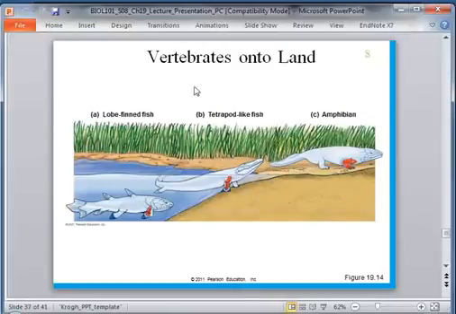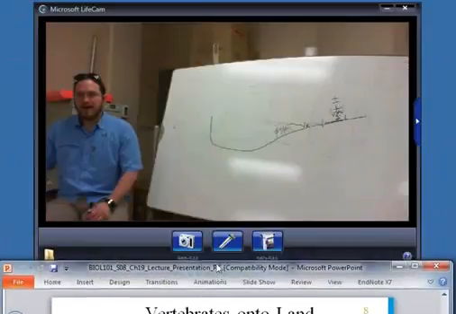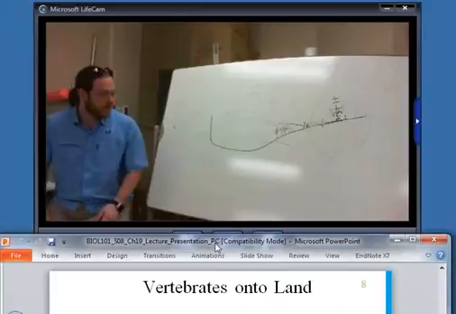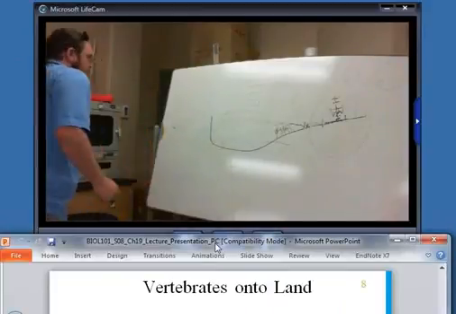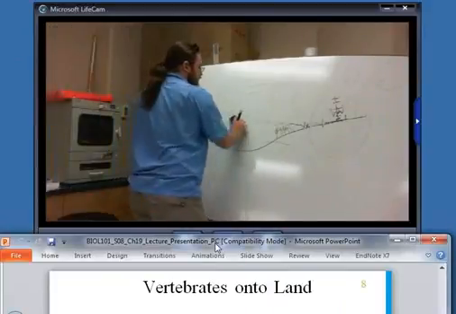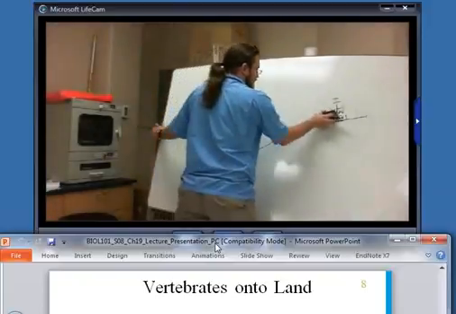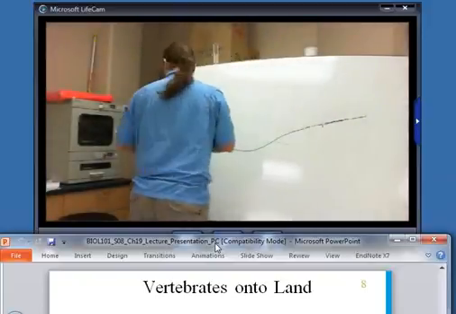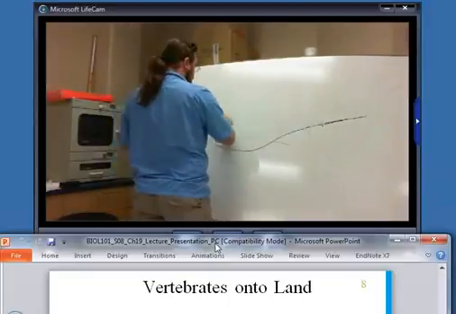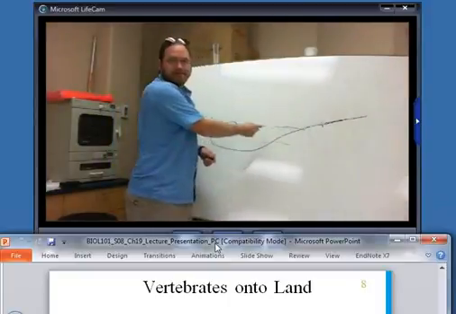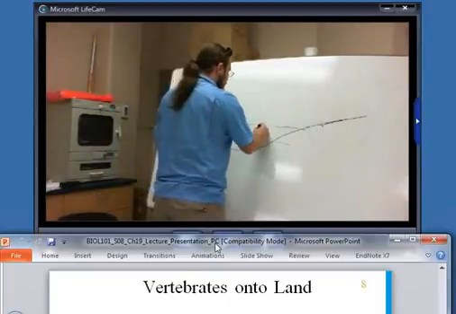And then we do get to the vertebrates moving on to land. And we kind of showed you how plants made their journey onto land a moment ago. And animals have a very similar story. They start off, I shouldn't say animals, I should say vertebrates have a very similar story. They start off in the water. They're down here. And they're fish.